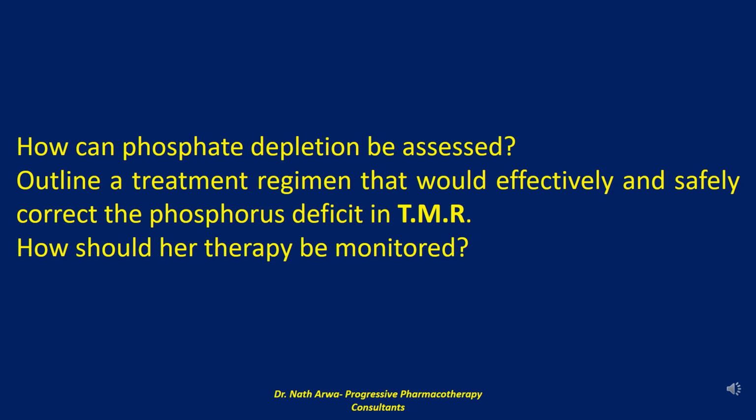Aside from serum phosphorus concentrations, urinary phosphorus excretion may be used to further assess the phosphorus deficit. Typically, renal phosphorus excretion is severely limited in patients with significant deficits.